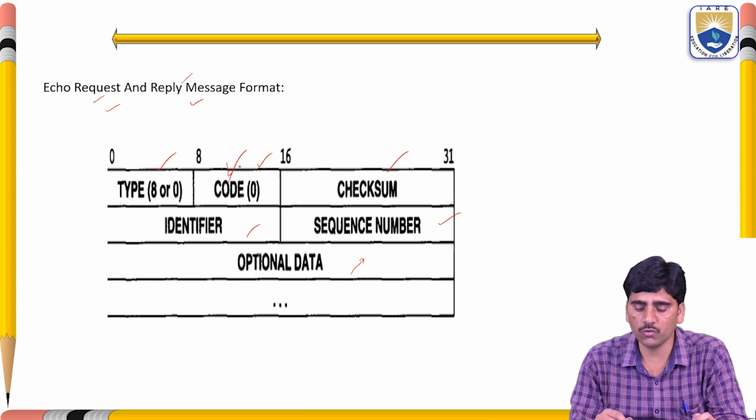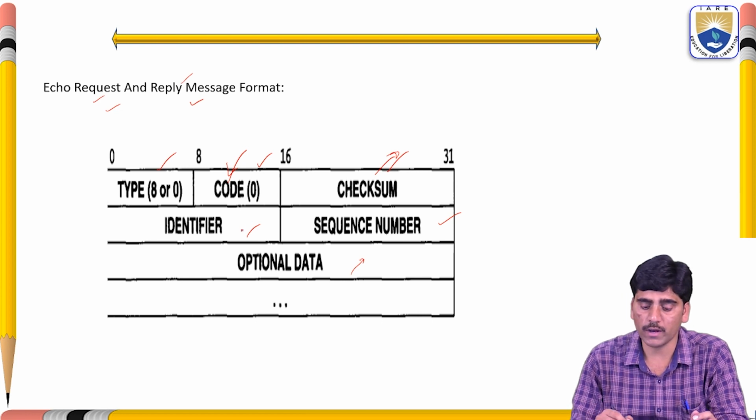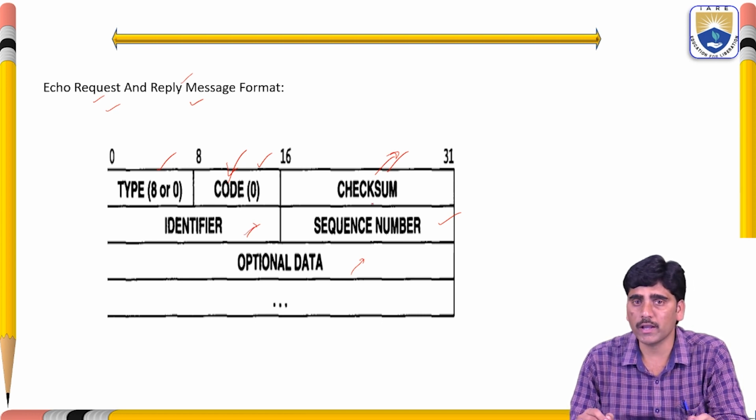The code indicates how the data is coded and the length. The checksum field is added to account for any extra bits. The identifier identifies which packet it is and which router has to be identified to transfer that data.